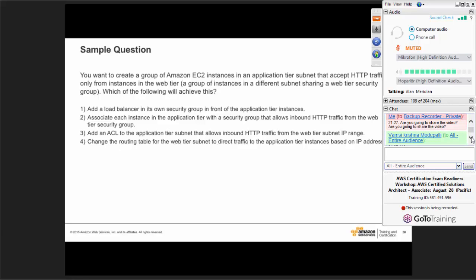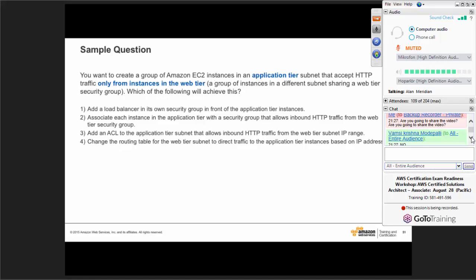Let's identify the stem of the question. The main pieces are the application tier and a web tier. So it's a 2-tier application at the very least, and they only want instances in the web tier talking to the application tier. So how do we do this?